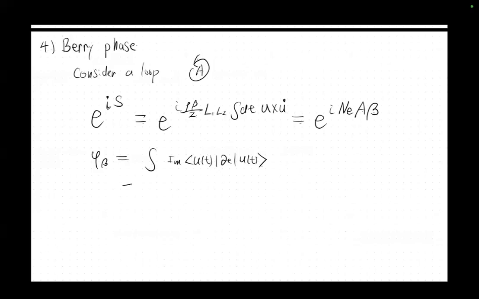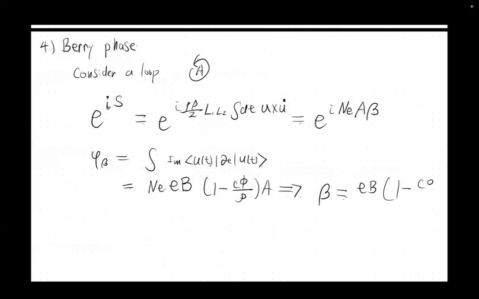So if we work this out, then we find that this contribution is indeed N_e times e times the B field times 1 minus C phi over rho times A. So from this, we can also fix that beta is equal to eB times 1 minus C phi over rho.